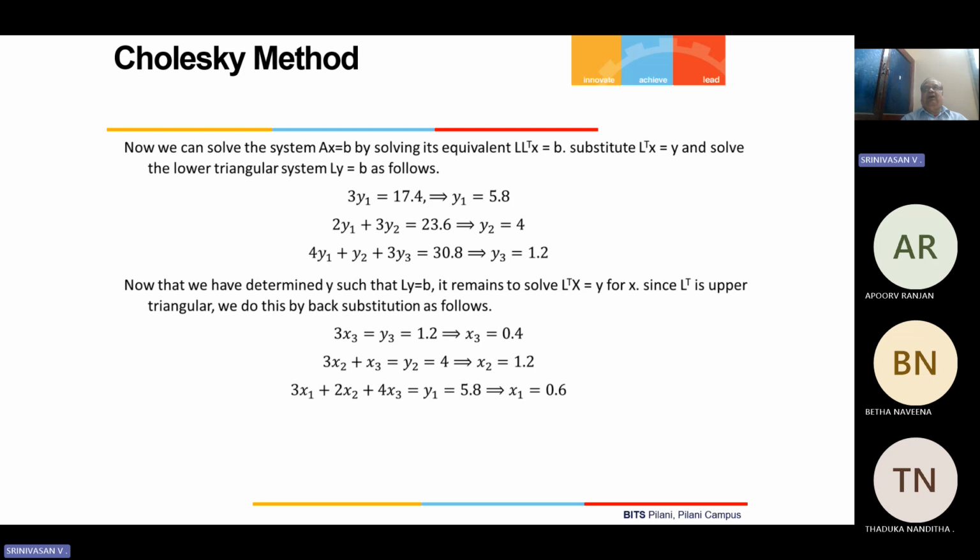So in the place of U, you are having L transpose, the matrix that we have found already. All other things remain the same. So first we will take LY equal to B. What is LY equal to B? I'll just show you.